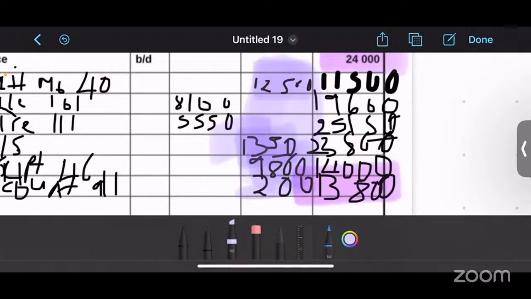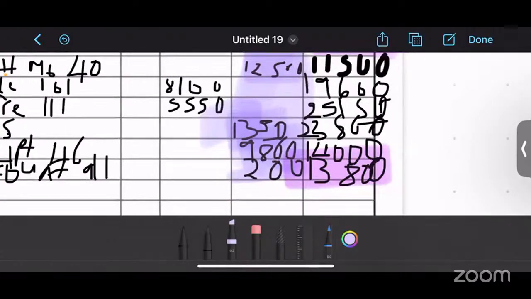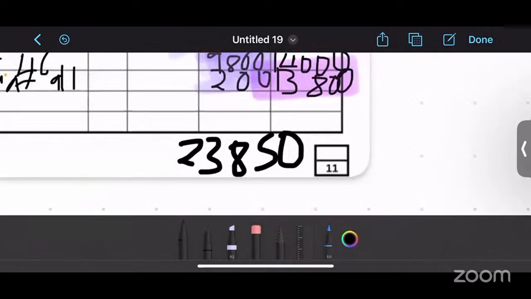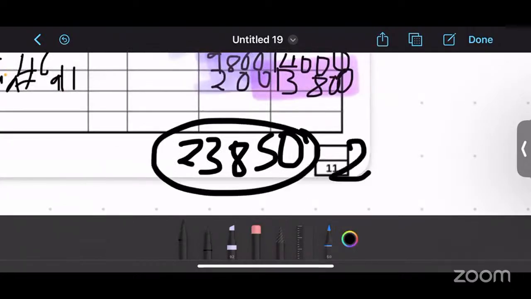How much is it, Lukumo, the total of credit? 23,850. So that means this person didn't pay the whole of 24,000 within the month, right?